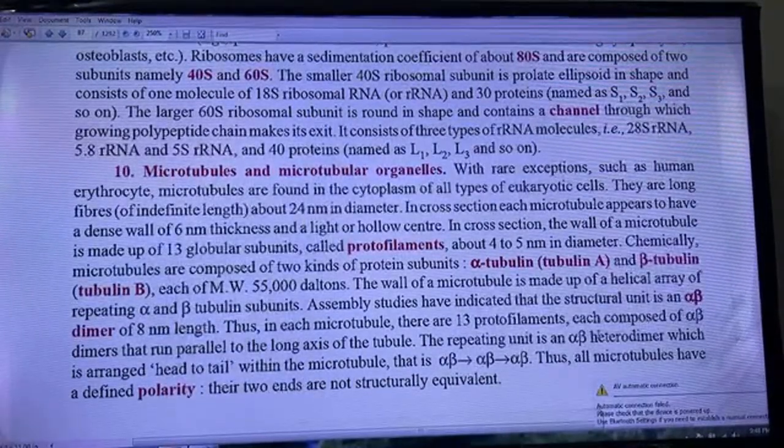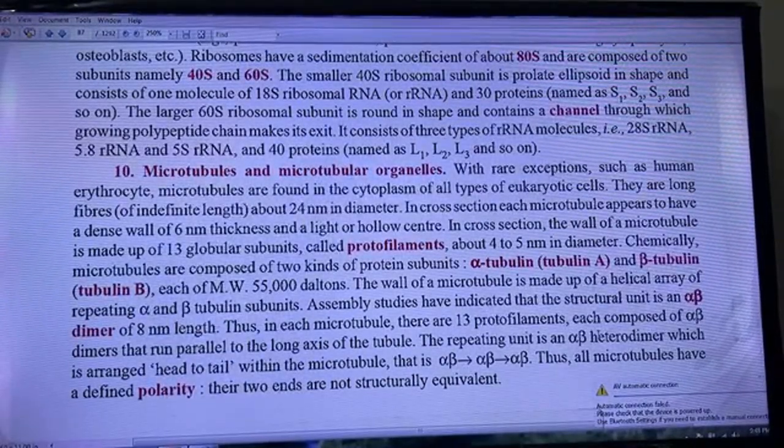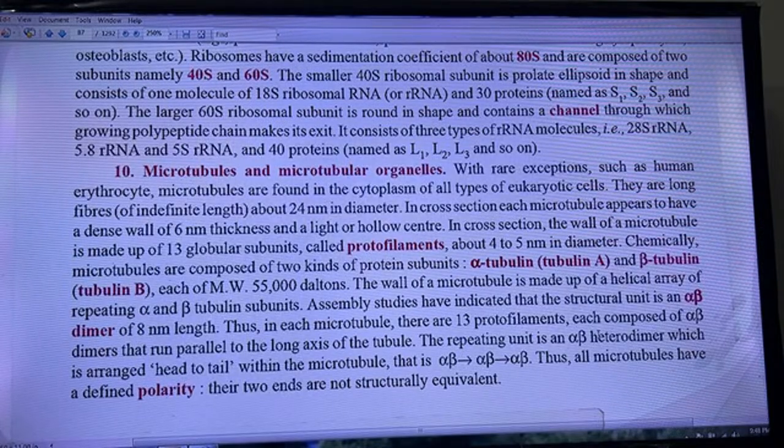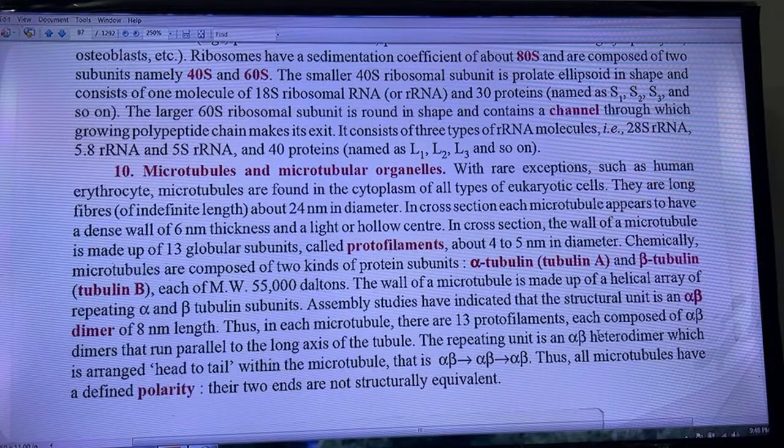The larger 60S ribosomal subunit is round in shape and contains a channel through which the growing polypeptide chain makes its exit. It consists of three types of ribosomal RNA molecules: 28S ribosomal RNA, 5.8S ribosomal RNA, and 5S RNA, and 40 proteins named L1, L2, L3, and so on.